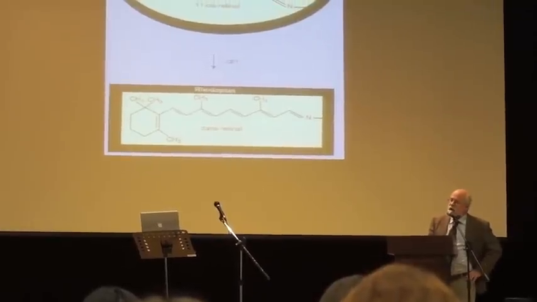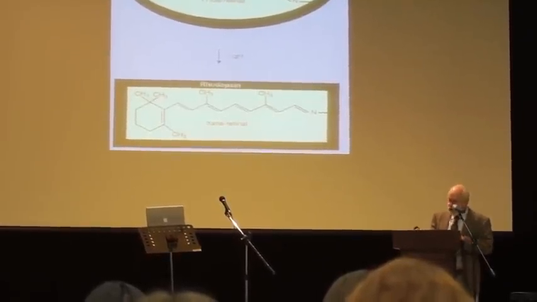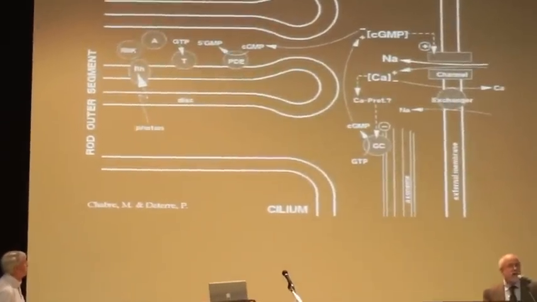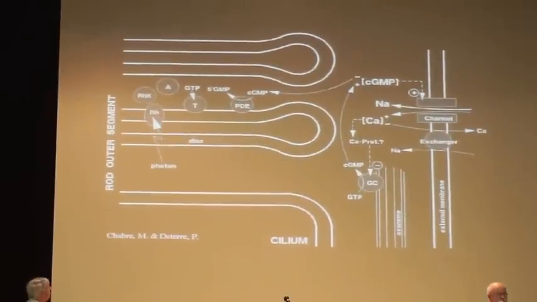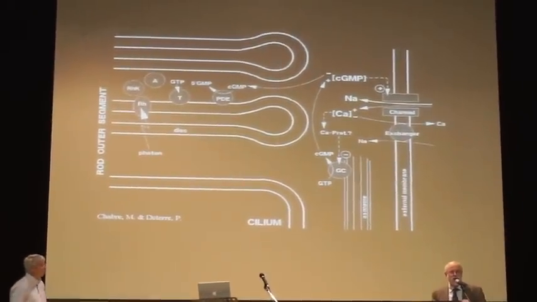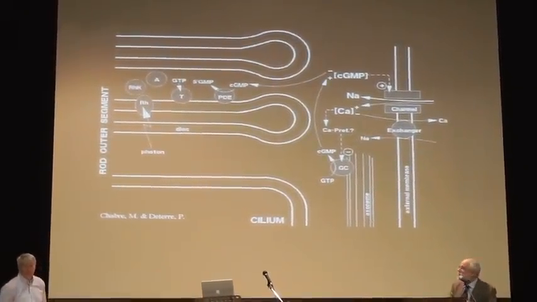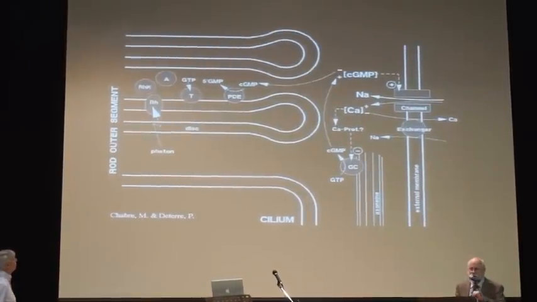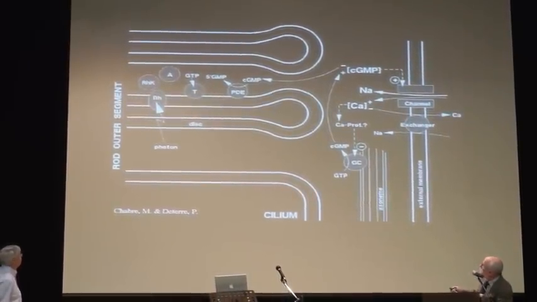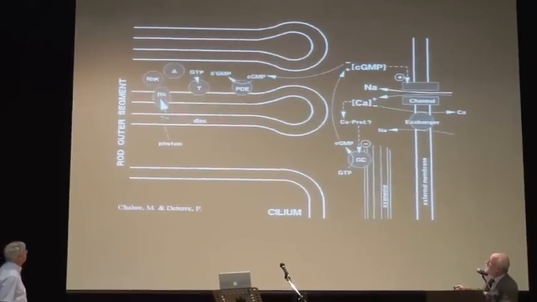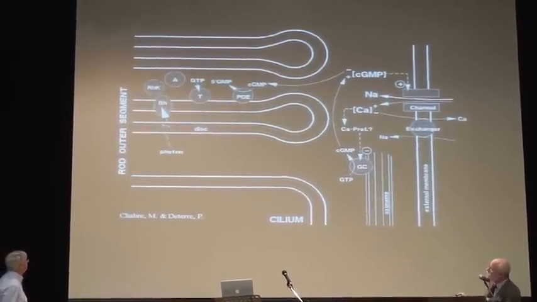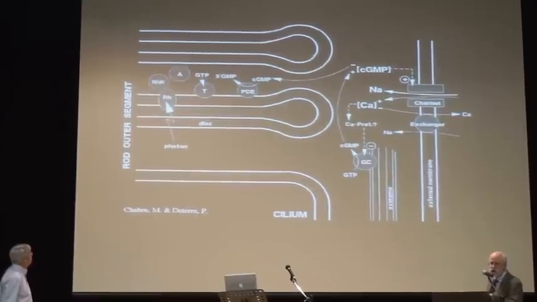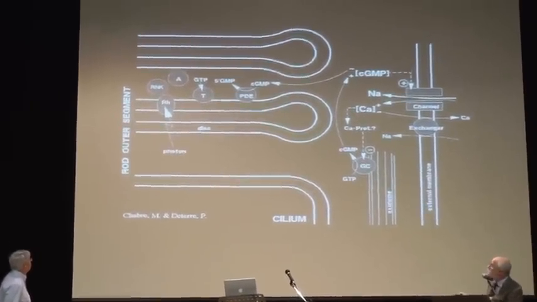And many of the steps of that pathway are shown on the next slide here. Now, let me just say a couple things. First of all, I know it's a busy slide, so don't worry, I'll walk you through it. But the other thing is that this is not to the same scale as the last slide. And the retinal that we talked about is actually attached to this other molecule, which is labeled RH, which stands for rhodopsin. It's a protein that's found in the retina of an eye.